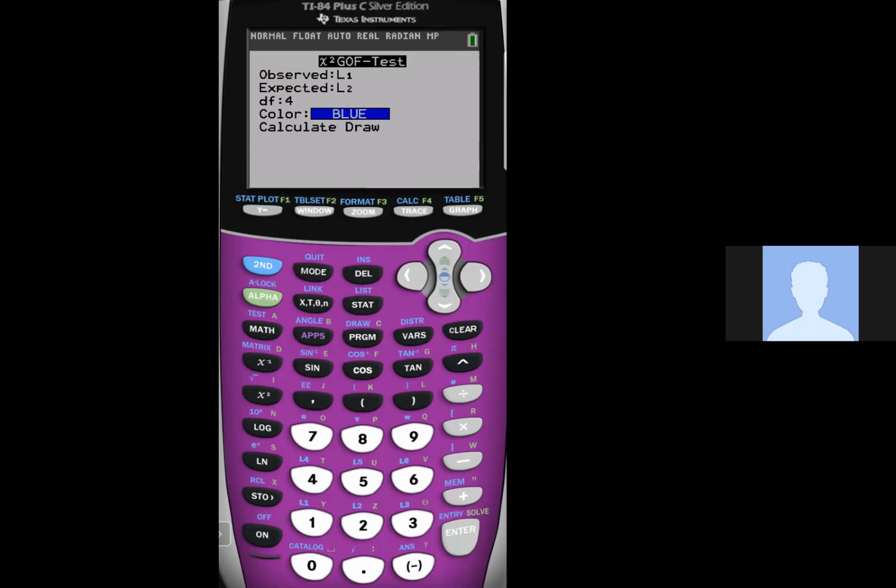And now my degree of freedom is 4 minus 1, 3, because we have a total of 4 categories. So our chi-square in this case is 11.2. And the P stands for p-value.